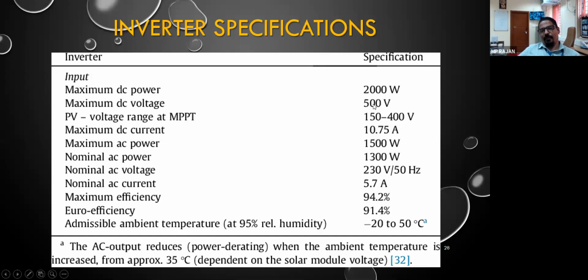So it should be able to sustain the highest possible voltage. Then the voltage range at MPPT is 150 to 400 volt. The inverter should be operative from the lowest range to the highest range. So when the input voltage is within this range, the inverter should be operative. Maximum DC current is 10.75 ampere, maximum AC power is 1500 watt, and nominal AC power is 1300 watt.